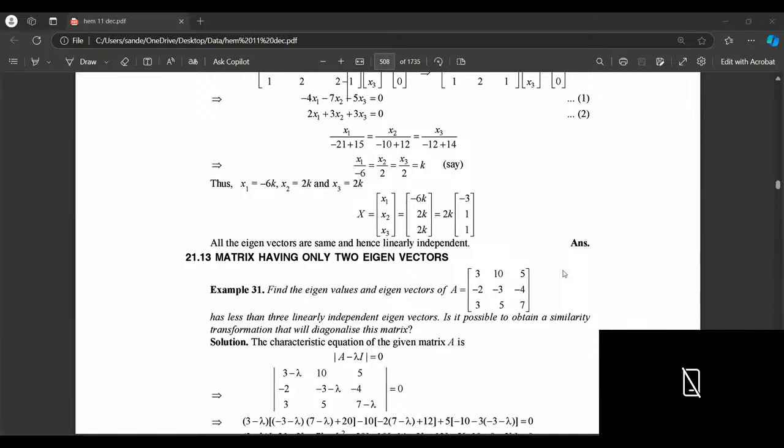It means x3 is orthogonal to x1 and x3 is orthogonal to x2. Using this orthogonality property, you can find the third eigenvector. These are the 4 ways to find eigenvectors.